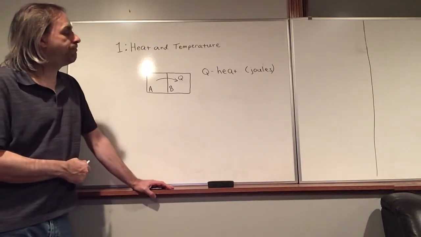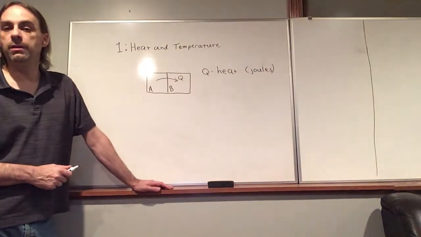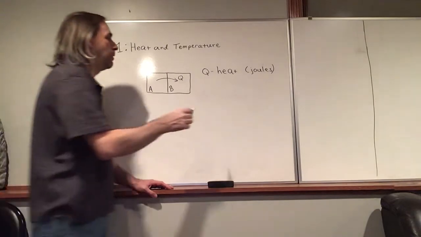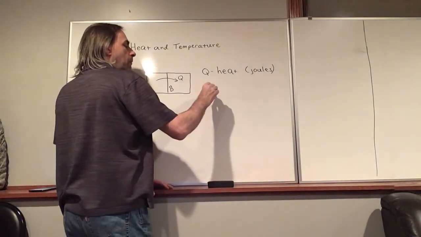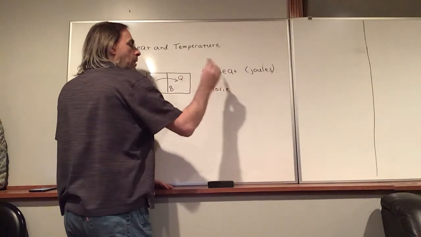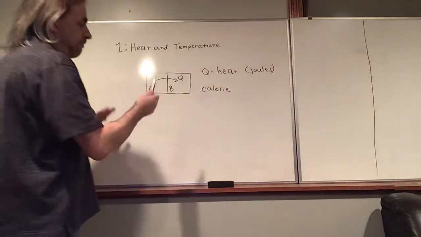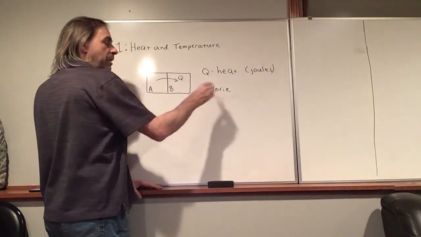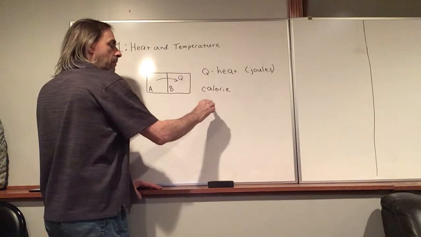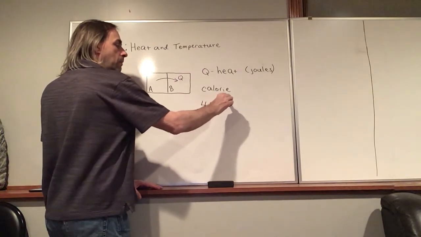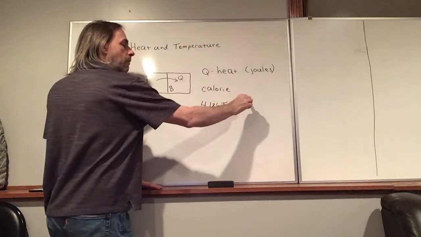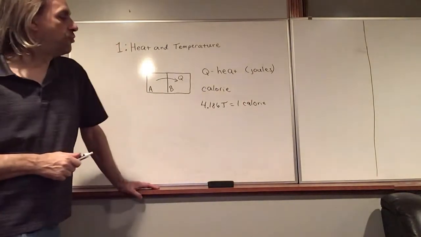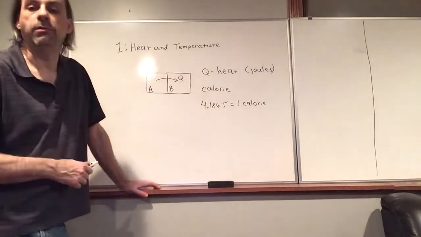There's another very common unit used called a calorie. Calories are not SI units, but they're very often used. And there's a conversion factor between them, where 4.186 joules is equal to 1 calorie.